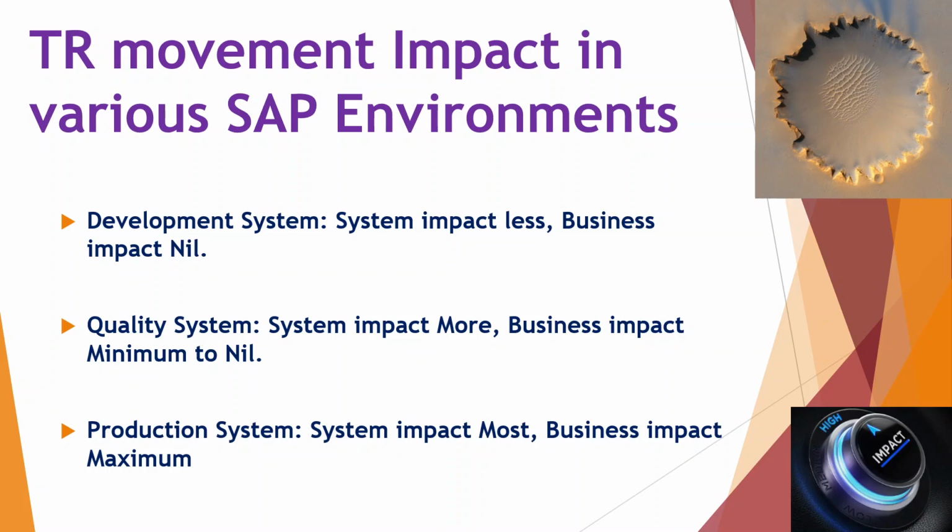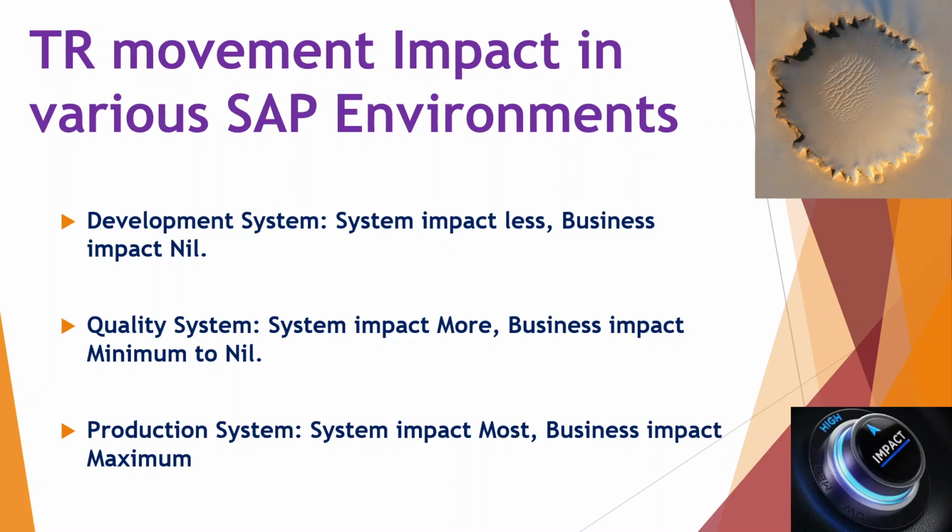So if they move it there, and because of this TR movement some functionality stops working, what will it be called? It will be called impact of TR movement in the SAP system, a development system or unit test system of the development system in the SAP configuration pipeline.